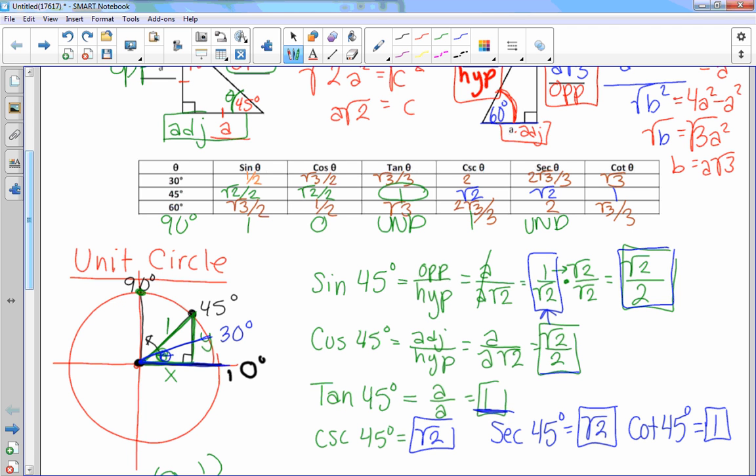If we have undefined, which is 1 over 0, we flip it, we get 0 over 1, which is just 0. So that's the 90 degrees.